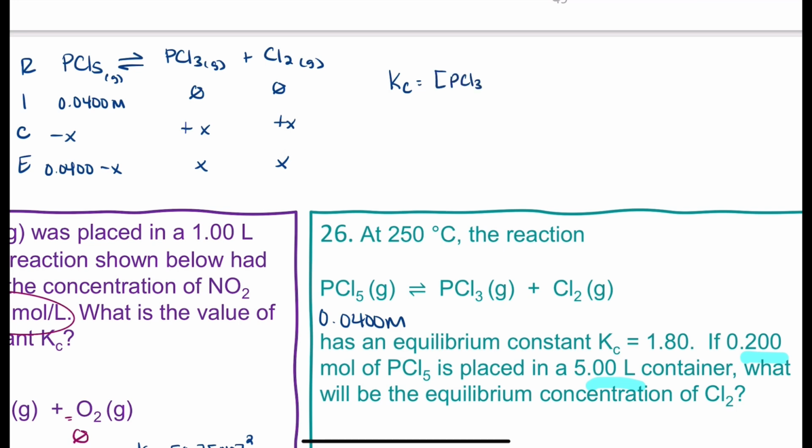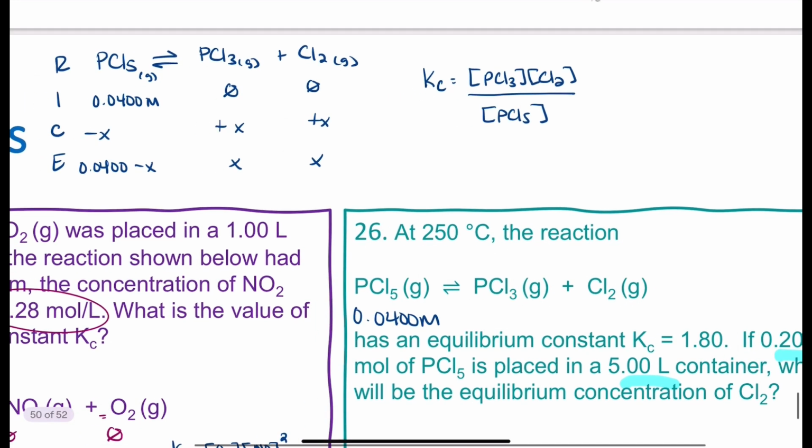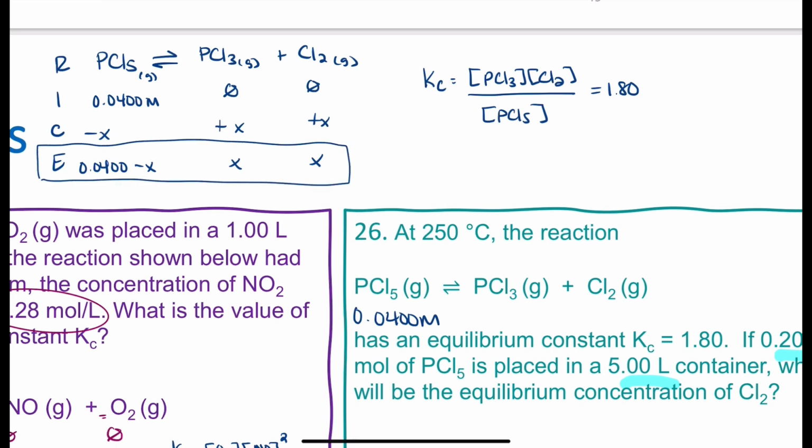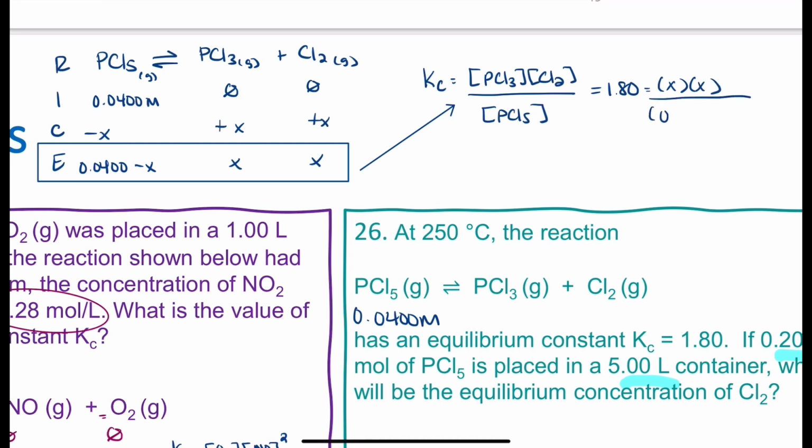Kc is equal to PCl3, Cl2, over PCl5. I know this equals 1.80 because the question told me so. And I know that these plug in here. So this is equal to x times x divided by 0.0400 minus x.